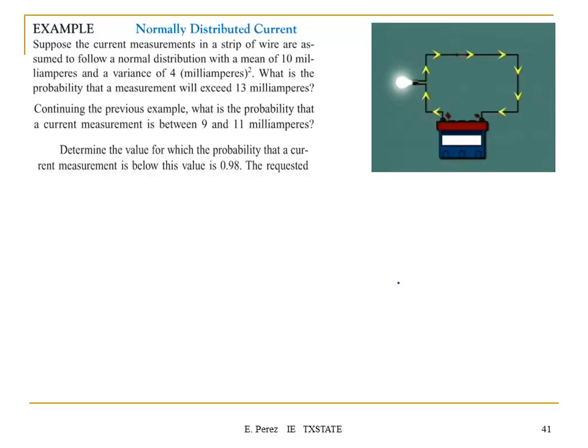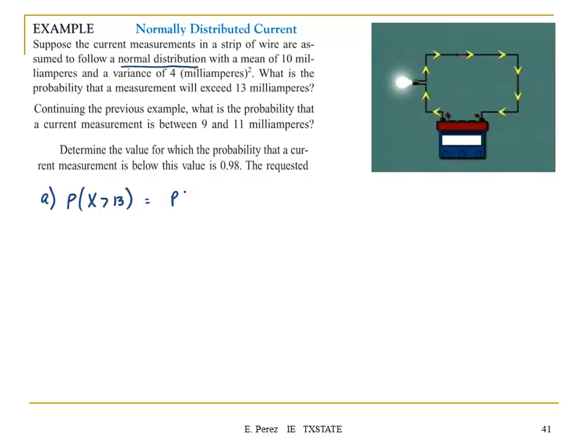So how do you state that probability? It is the probability of x greater than, correct? You want to know the probability of exceeding that current. Again, we know that this is normally distributed, so we can use the transformation.